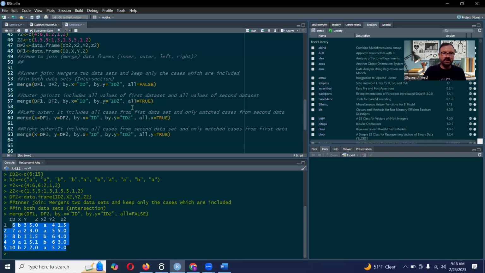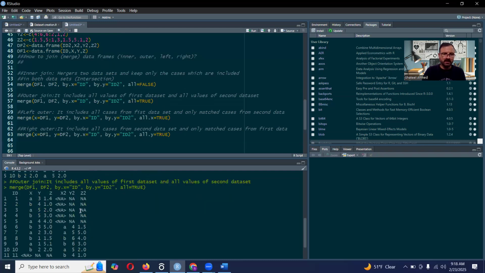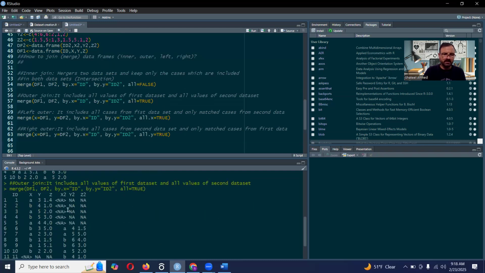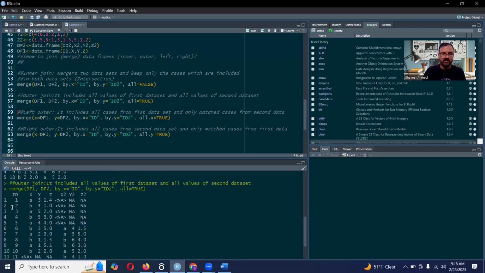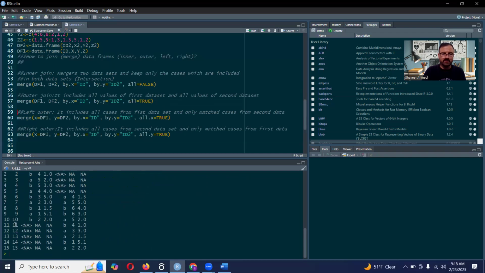In the outer join command, we are just keeping all is equal to true, and you can see now that we have all values. We have now 15 values: 10 for data 1 and 10 for data 2. But, for example, values 6 to 10 are available in both data sets, so these values are coming only once.